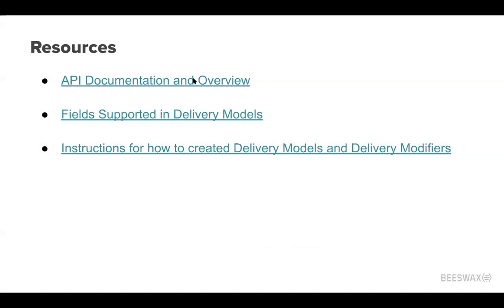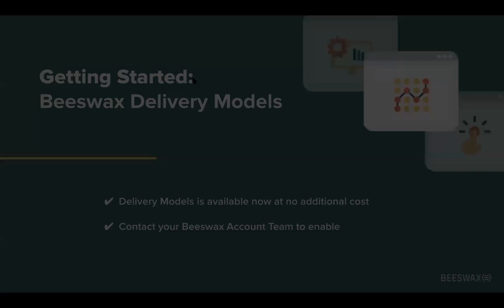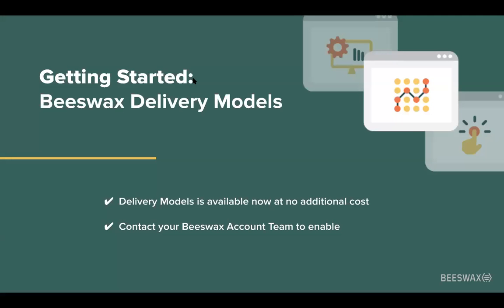That's all been updated and is accurate. So if you have any questions on the fields that are supported or not, you can refer to that document. And our help documentation is up to date with how to create delivery models and delivery modifiers as well. And lastly, it is available now. If you want it enabled, you can just contact your Beeswax account team and we will turn the feature on for you.